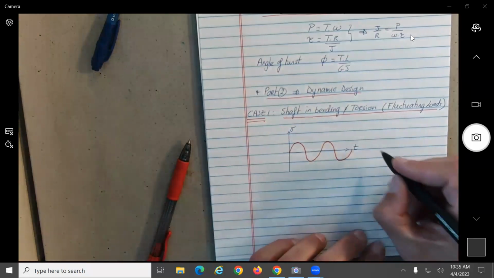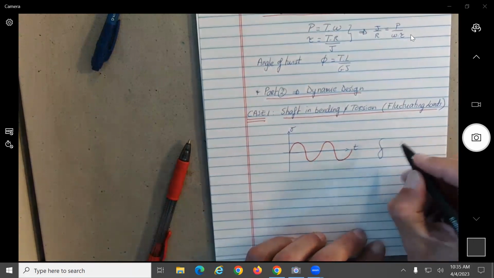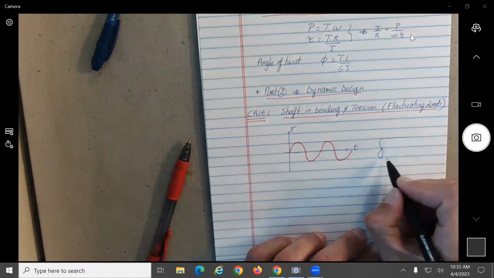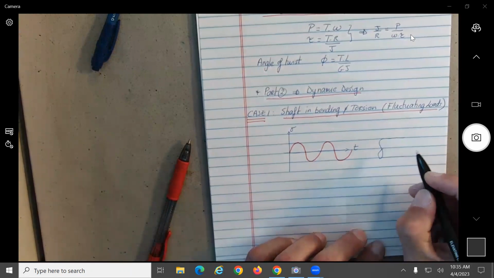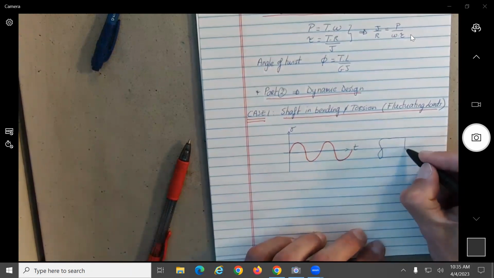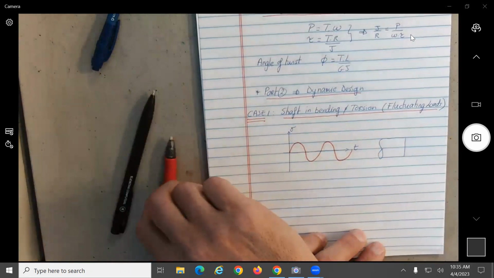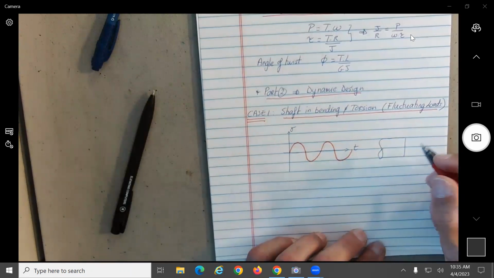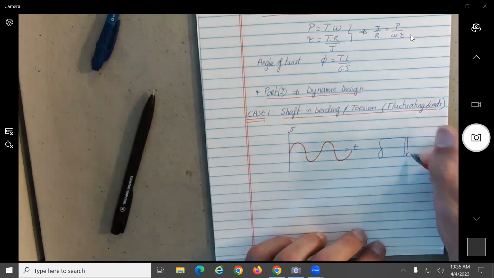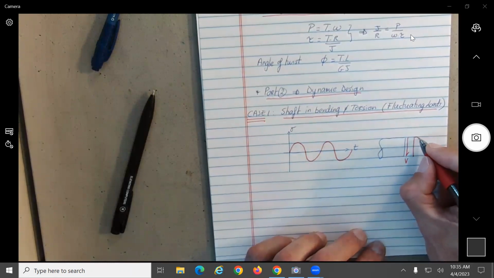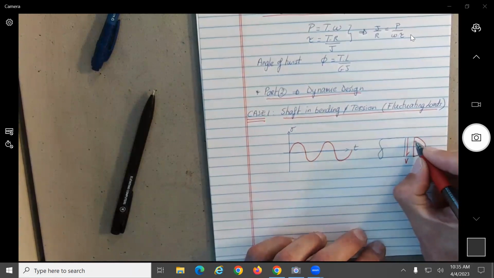And then let's do a figure here of a shaft. Doesn't matter, let's do it this way. So what should be the shear distribution is something like this.